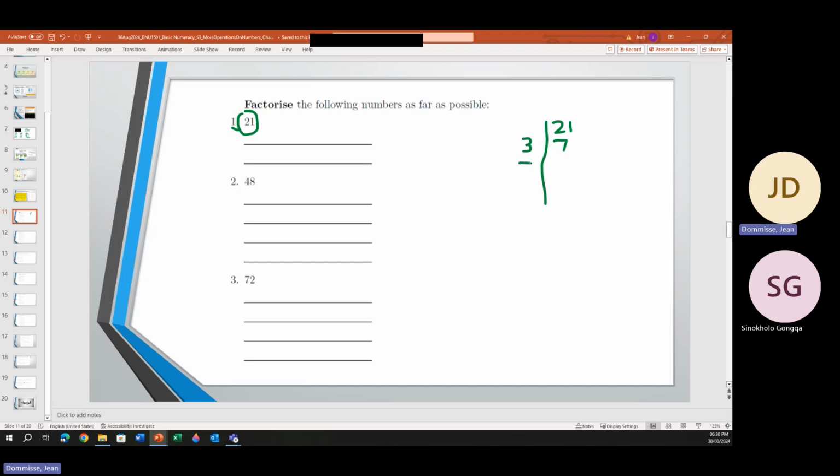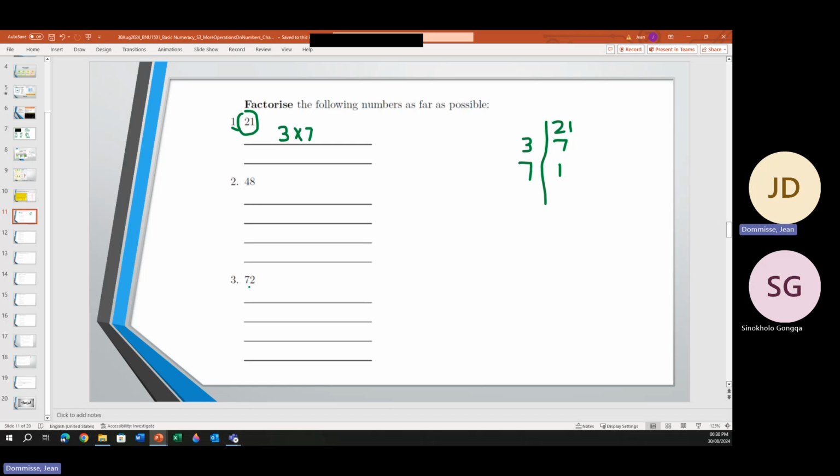There's not a lot left here. 7 goes into 7 once. So for 21 we only have the two factors, 3 and 7. That's basically it.